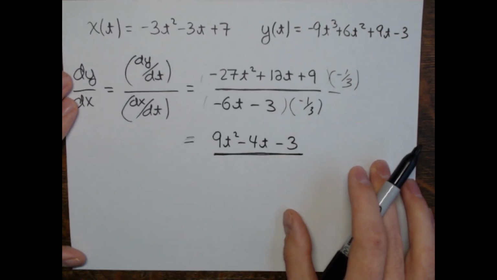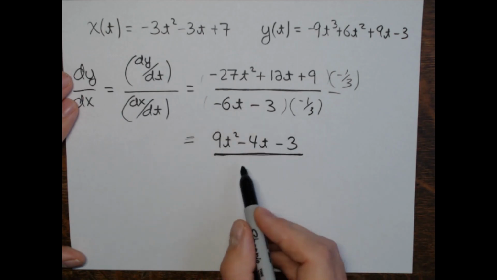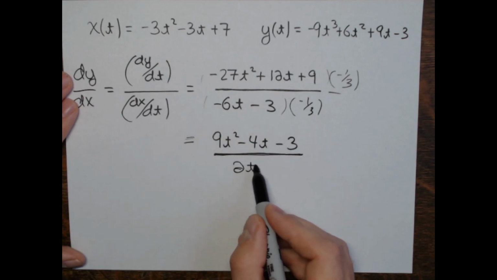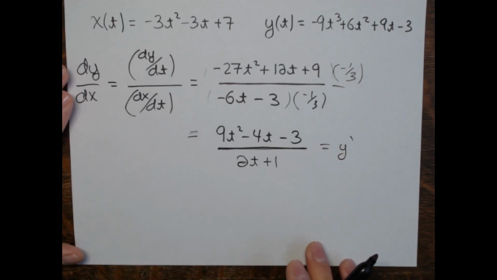And then dividing all these by negative 3 gives me 2t plus 1. There's y prime, y prime in terms of t.